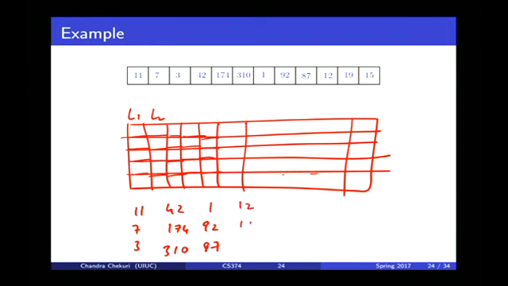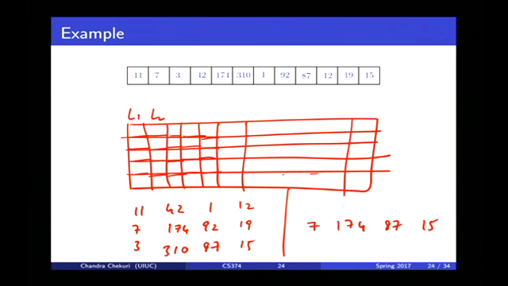Now what is the median of these 3 numbers? 7, I write it down. What is the median of these 3 numbers? 174. What is the median of these 3 numbers? 87. What is the median of these 3 numbers? 15.